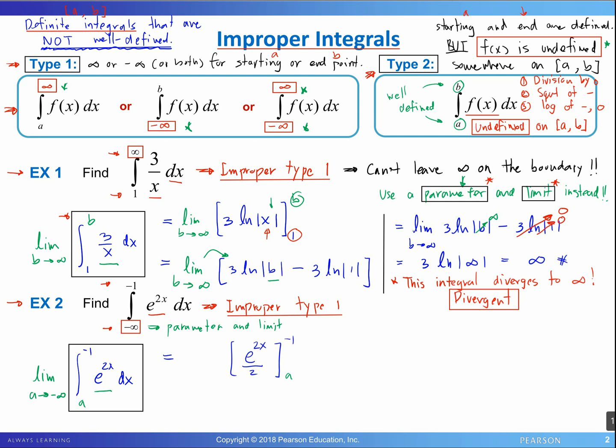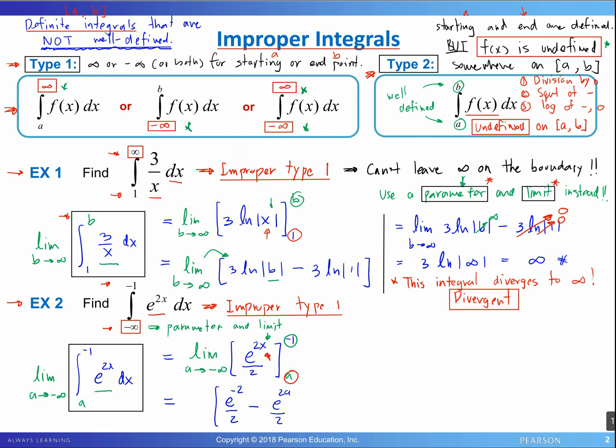And we still have the limit to tell a to approach negative infinity. And now the end point, -1 goes in. So we have e to the power of -2 divided by 2 minus, the starting point a goes in, and we have e to the power of 2a divided by 2.